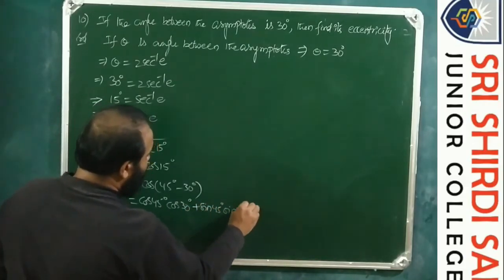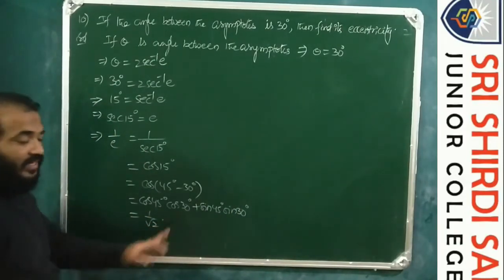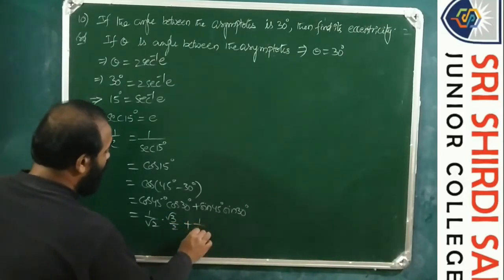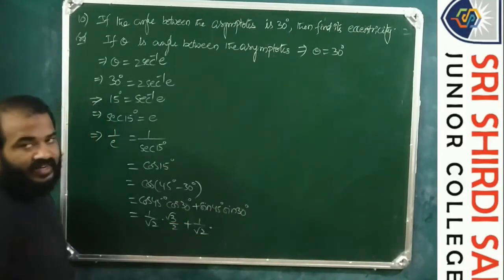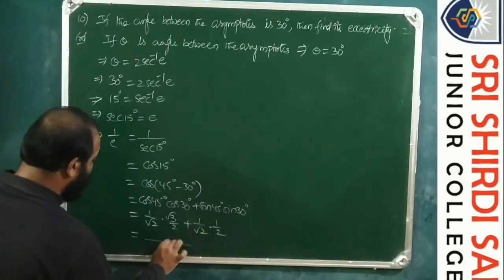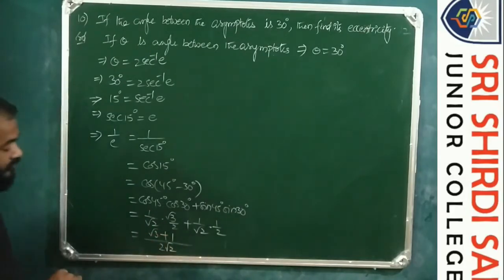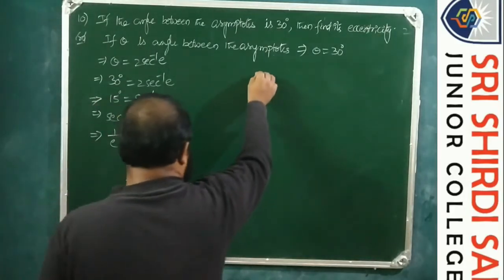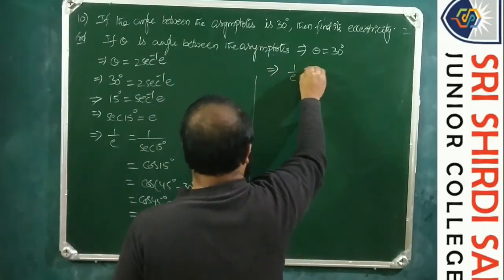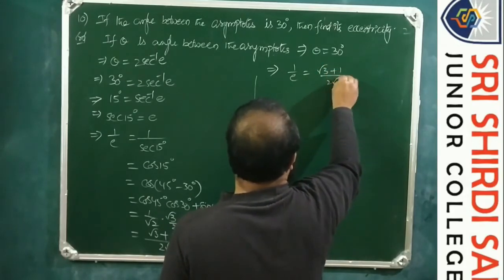So cos 45° is 1/√2, cos 30° is √3/2, plus sin 45° is 1/√2, sin 30° is 1/2. So the LCM is 2√2, so (√3 + 1)/(2√2). So 1/e is equal to (√3 + 1)/(2√2).